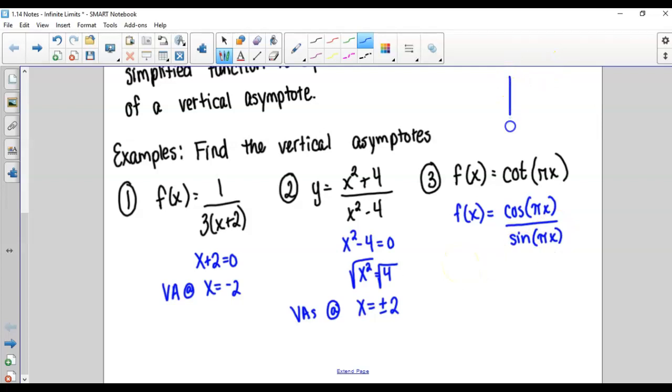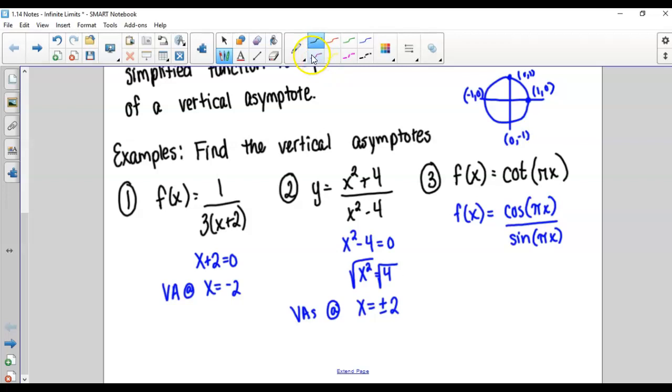And then if we think of our unit circle and think of our values here, we've got 1, 0, 0, 1, negative 1, 0, and 0, negative 1. And sine is going to be my y-coordinate.